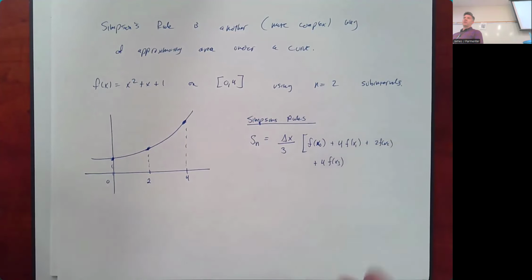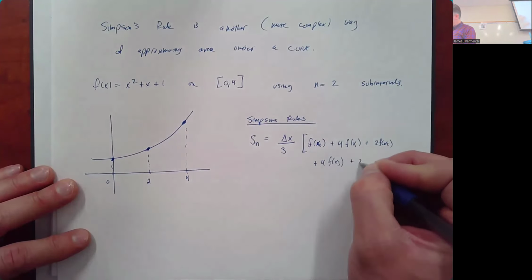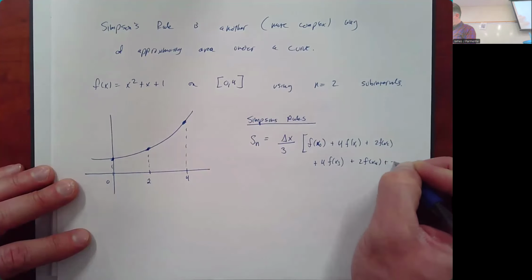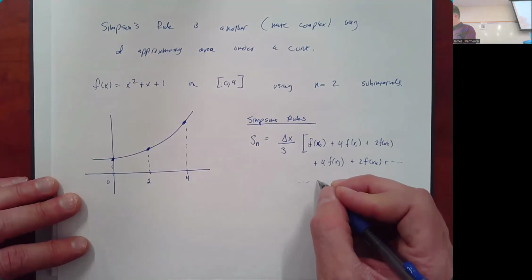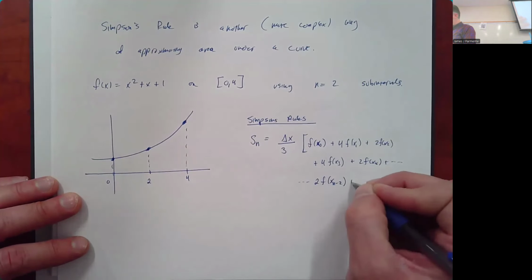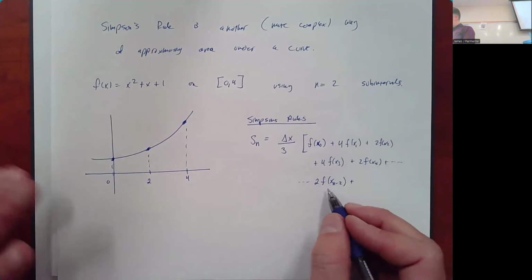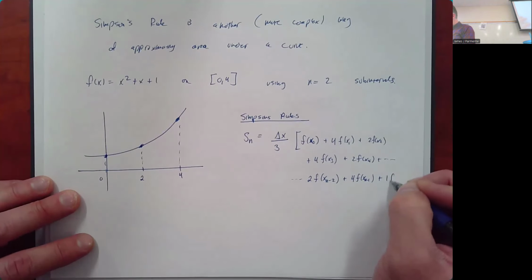And it continues in this 4, 2, 4, 2 pattern. And then at the very end, it ends with a 2, then a 4, then a 1. So it's 4 f of x sub 3 plus 2 f of x sub 4 plus dot dot dot, all the way to the third to last term, which is 2 times f of x sub n minus 2. The second to last term is 4 times f of x sub n minus 1. Finally, the last term is 1 times f of x sub n.